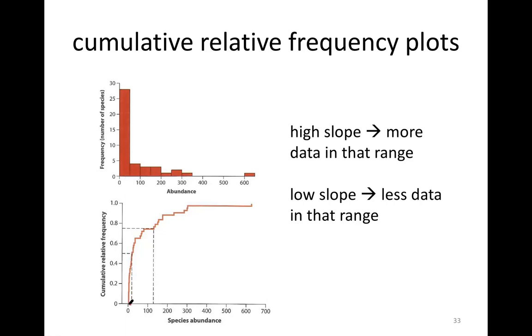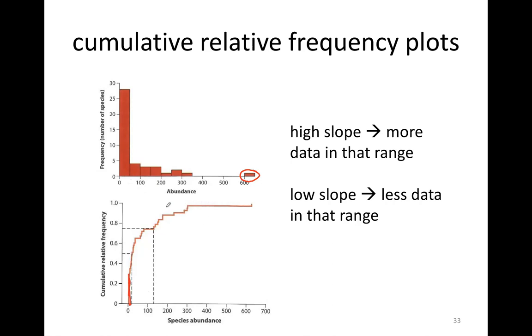The most of the data is concentrated here, with low abundance, observed relatively rarely, and few species are observed at very high abundance, and that we can see from this low slope.